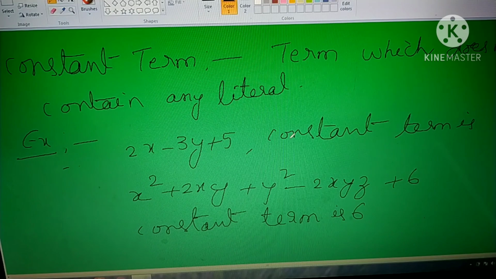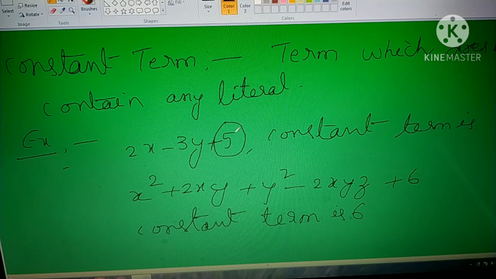Now see here, constant term. This means a term which does not contain any literal. Literal means alphabets, variables. So it does not contain any variable. The term in an expression which does not contain any variable. Observe this expression 2x minus 3y plus 5. Here, observe this term 5.